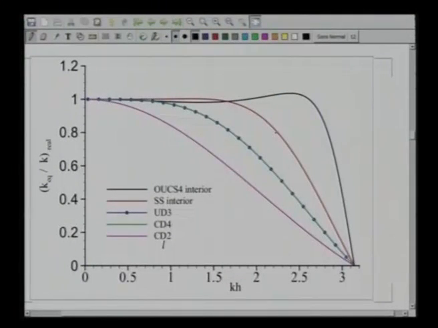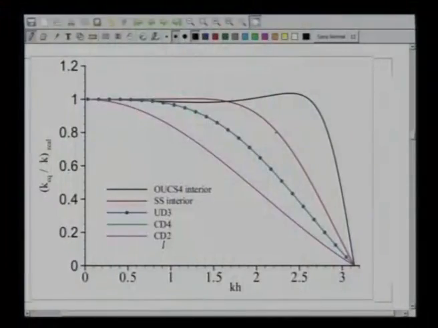And that is what we mentioned, that you should not focus your attention on the physical plane. Instead, you should look at the spectral plane, and that is what we are seeing. In the k plane, this nominal 6th order scheme performs better than an 8th order scheme, and this is basically an explicit scheme.